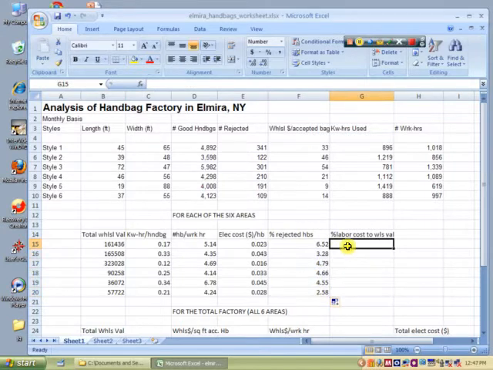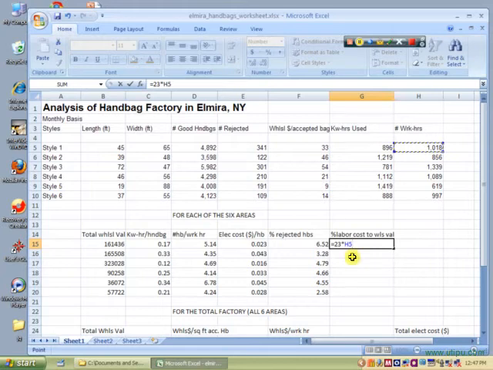Now we want the percent of labor costs to wholesale value. So if you recall, the labor cost was $23 an hour, and that's times the number of hours, which was here.